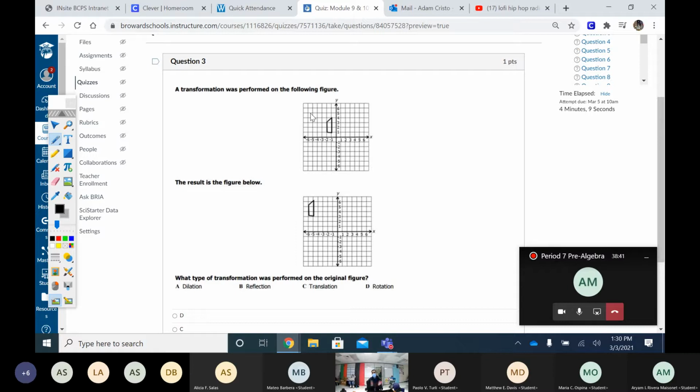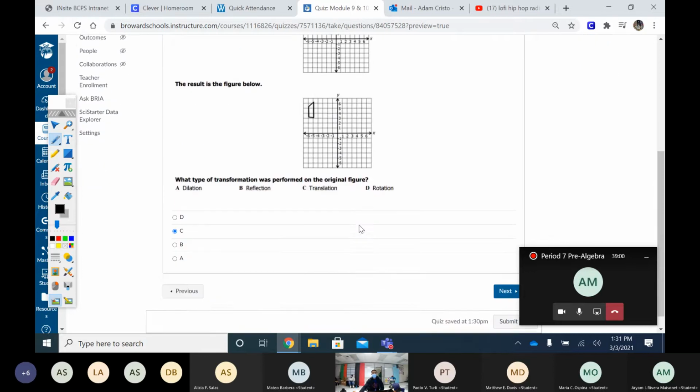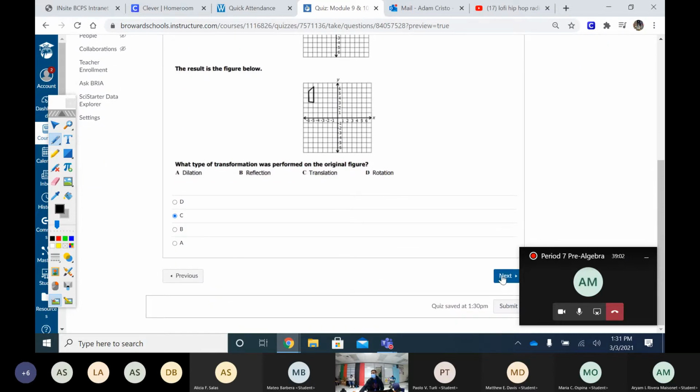And it didn't get bigger or smaller, so it's definitely not dilation. It slid. The word for slide is C. It's called the translation. It's in the name. Translation, slide, same size, same shape.